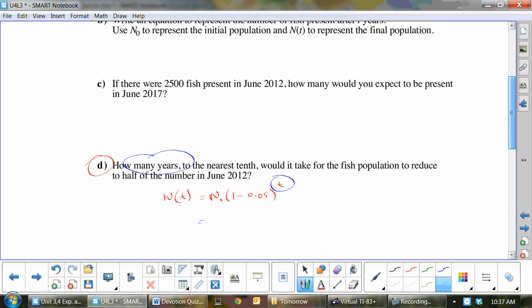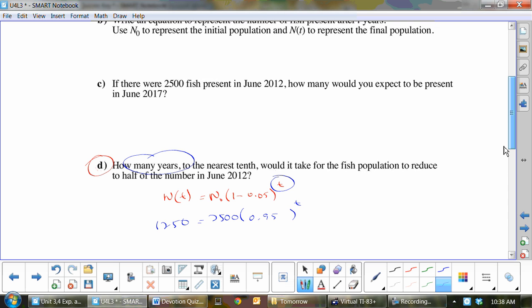Like right now, we have 2,500. How much will it be at this time, that we don't know? Actually, let's see. We can even put in 0.95, because that's what we equal. But what is N? 1,250, right? Because it says how many years till this thing goes down to half?